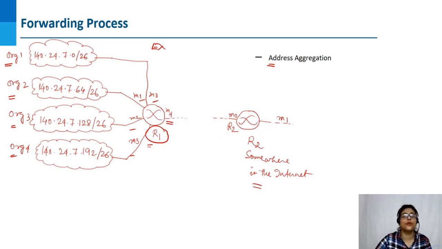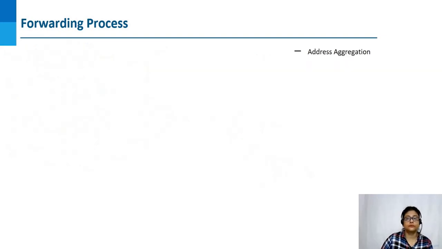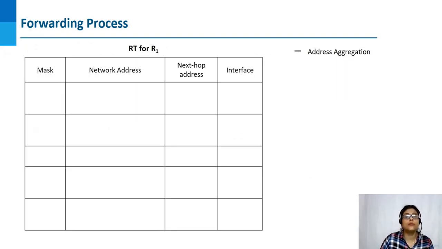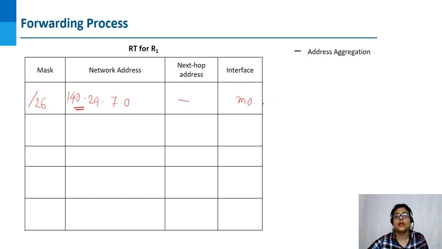Let's see how to form the routing table of R1 and R2. It is clear that the routing table of R1 will be longer because there are different networks connected to router R1, and the routing table for R2 will be a smaller one. So the routing table for R1 will be, there are 4 organizations. So /26 network address given as 140.24.7.0 with the interface M0. This is for organization 1.